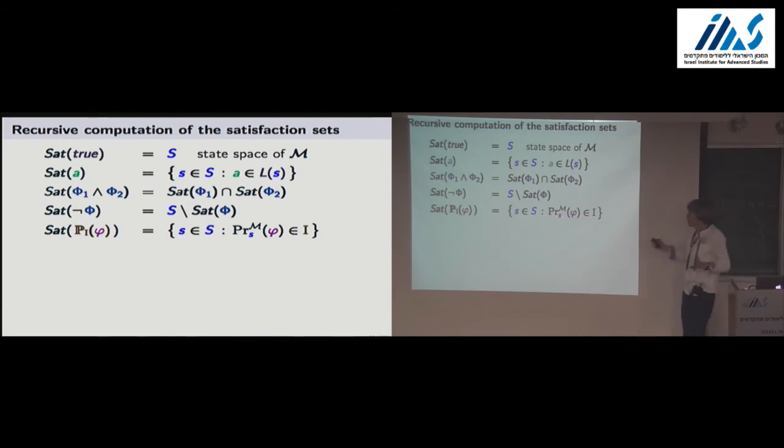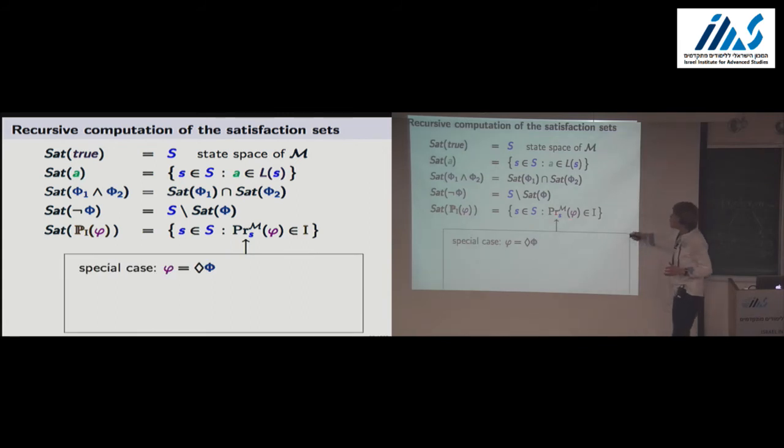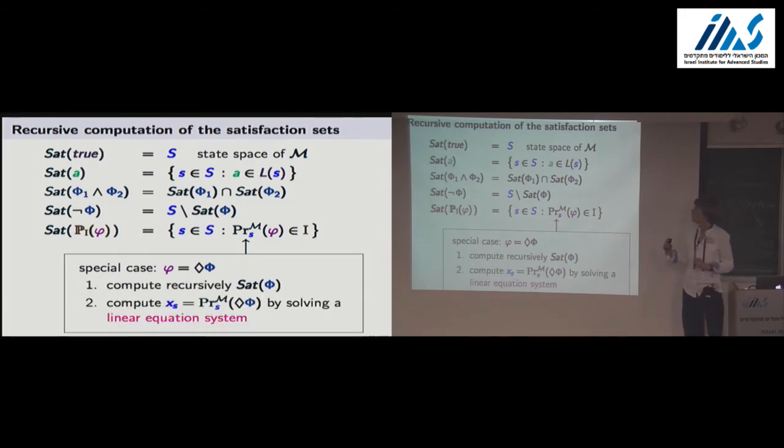So that's rather natural. But now we need algorithms to compute these probabilities, and this is now the more interesting case. Let's start with the special case where this path formula phi is a simple reachability condition.